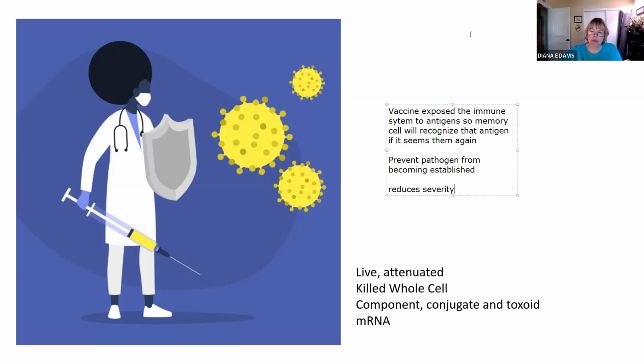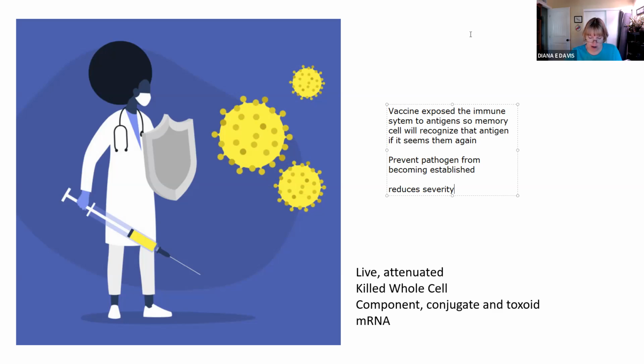So we're going to go through these 4 major categories. The first one is called live attenuated. So attenuated is a scientific word that means that the bacteria or the virus has been modified so that it is unable to cause an infection, or at least not a severe infection.